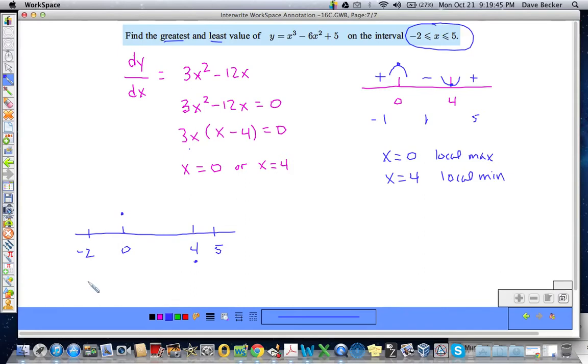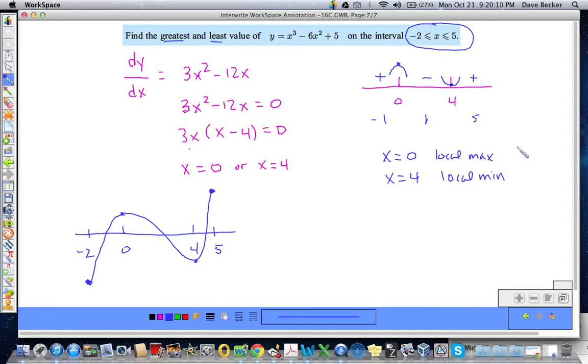But it could be at -2, maybe it's like this, and then maybe it goes way up high, and maybe 5 is up here. Well, then the maximum would be here. The greatest point on the graph would be here, and the lowest point on the graph would be here. So we have to check the value of the function at the endpoints and at the critical points.